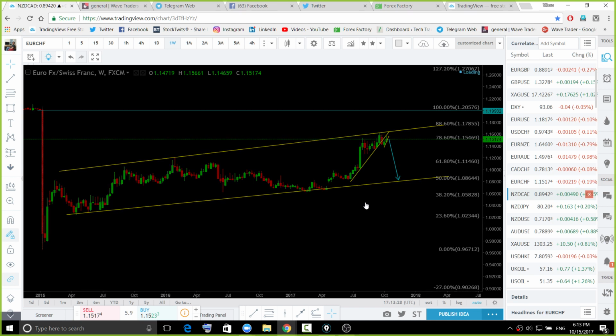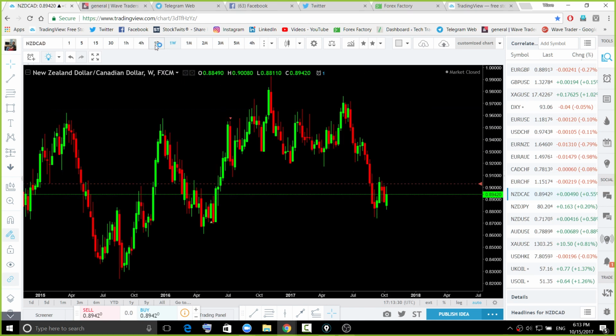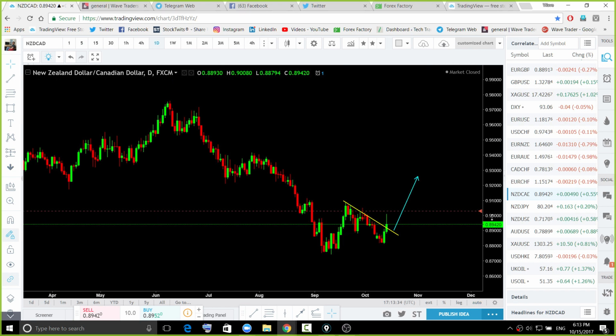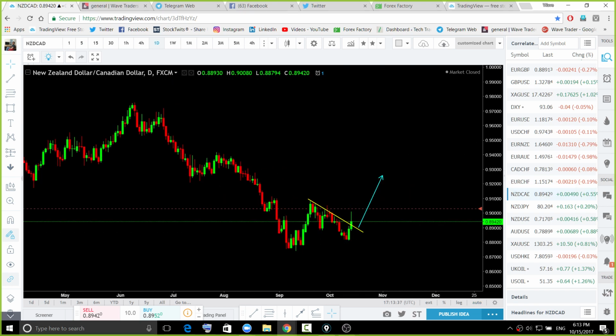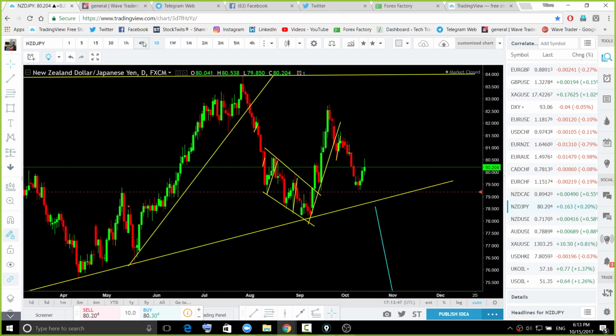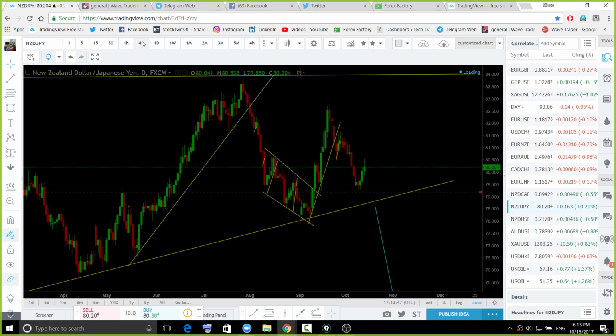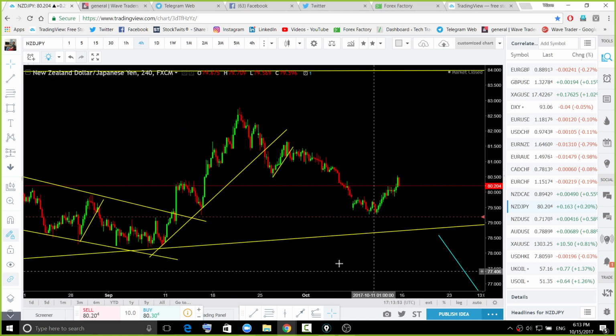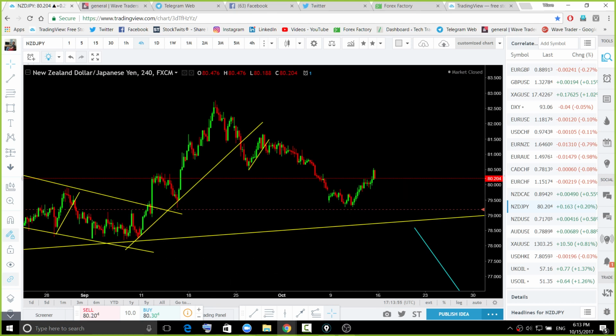So New Zealand CAD looks like it is getting ready for the upside. So for this trade, you need to look for upside on the New Zealand dollar, New Zealand yen, similar like that. Search for strength on the New Zealand pairs.